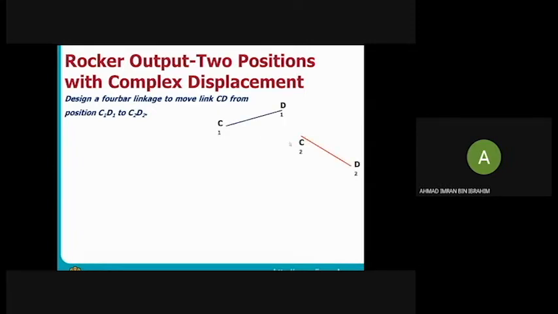This is the first position that you want to create, and this is another position, but the distance from C2 to D2 should be equal to C1 to D1, right? And then how you create it: you need to connect C1 and C2 as well as D1 and D2, and then you need to take a middle line for both of them, C1 and C2.